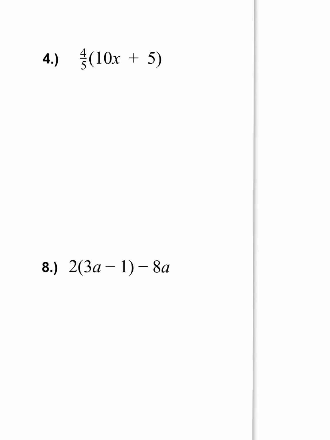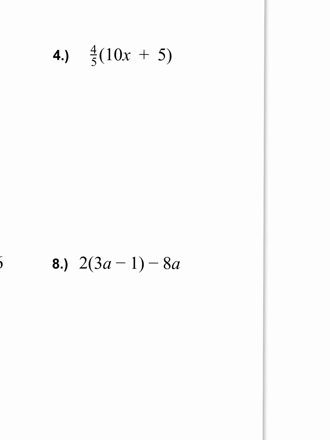Number 4, we are distributing a 4/5 times the quantity of 10x plus 5. So we're distributing a 4/5 through to all of those terms there. So let's start out by multiplying 4/5 times 10x. So off to the side here, I'm going to show that work. When we multiply 4/5 times 10, remember 10 is the same as 10 over 1.